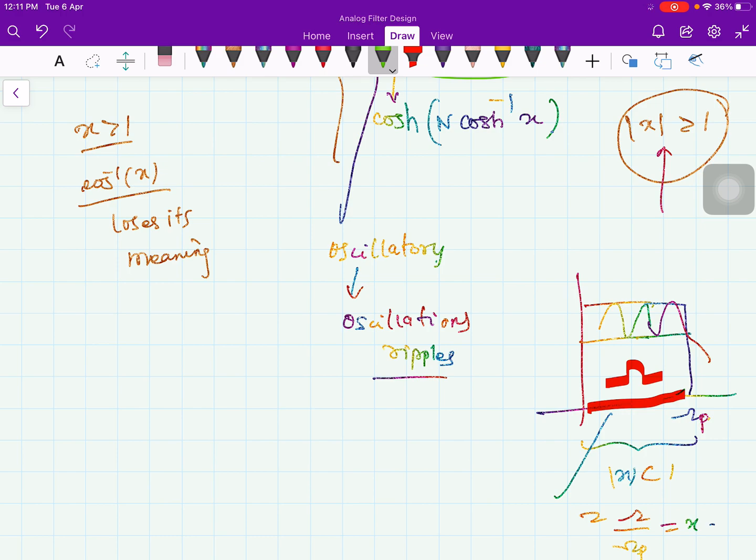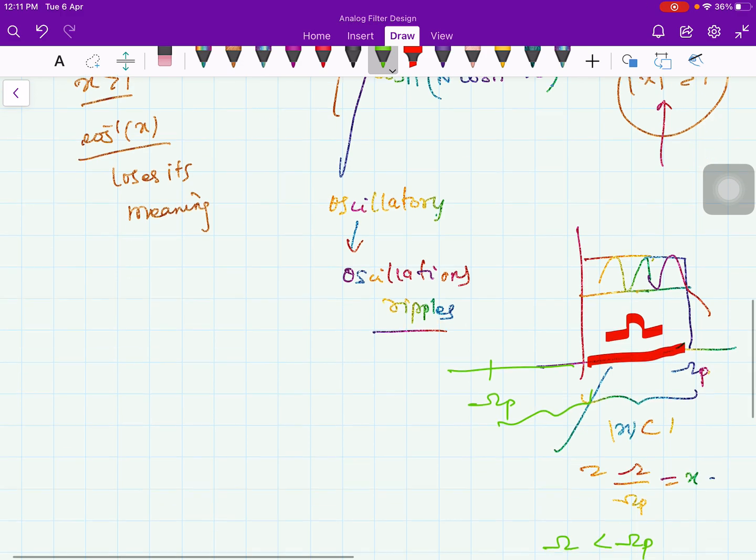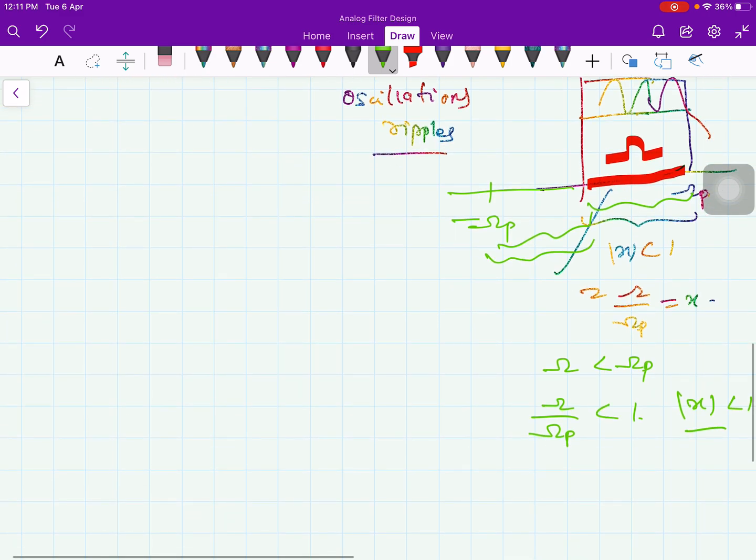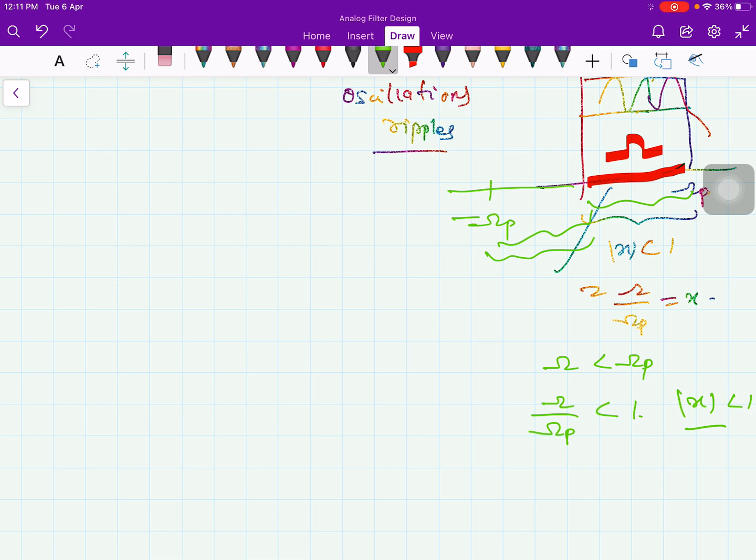We are talking about minus omega p to plus omega p, but since it is real, we consider only the positive frequencies, because the magnitude function is an even function. If you know the behavior from 0 to omega p, then it is very easy to construct from minus omega p to 0. Therefore it suffices to consider 0 to omega p.